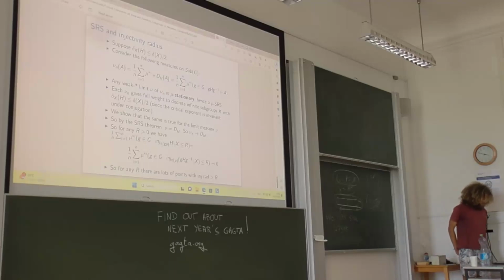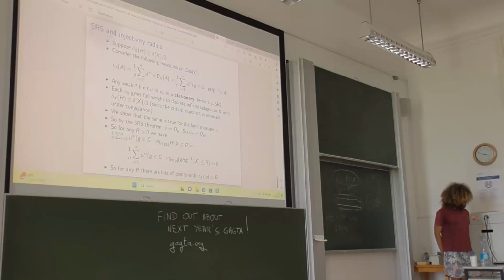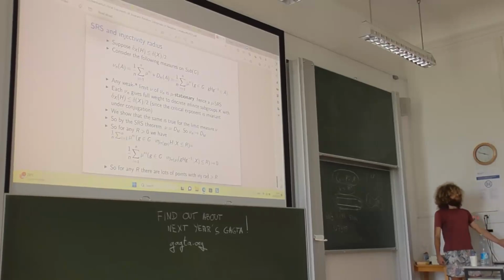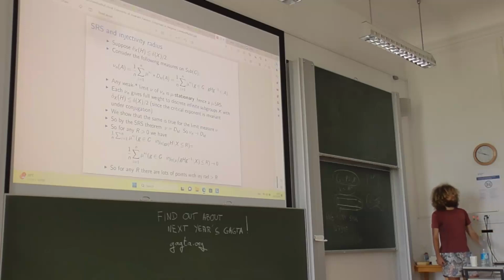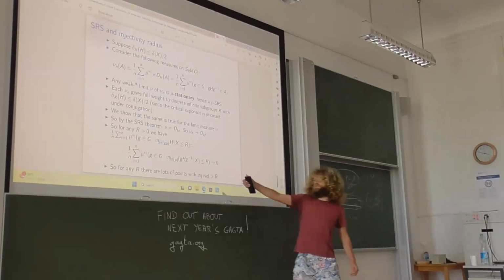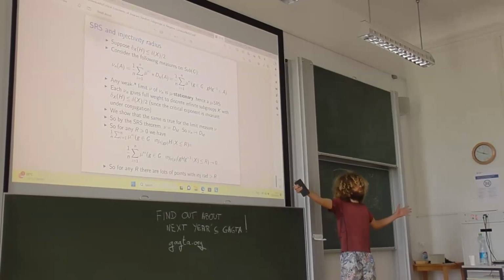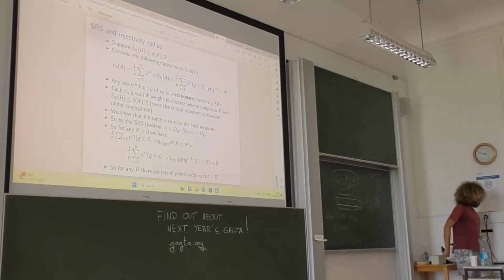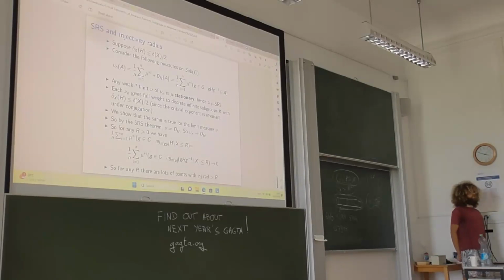Okay, so the only way this could be true is if, for any individual R, there are lots of points with injectivity radius greater than R. You can't find any specific point, but you show that this is true for essentially almost every point. And okay, so this is how you prove this theorem.